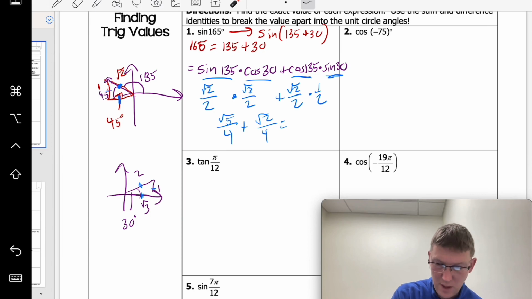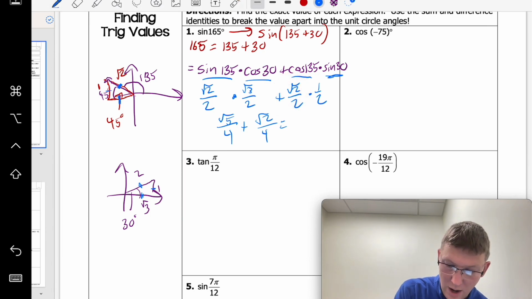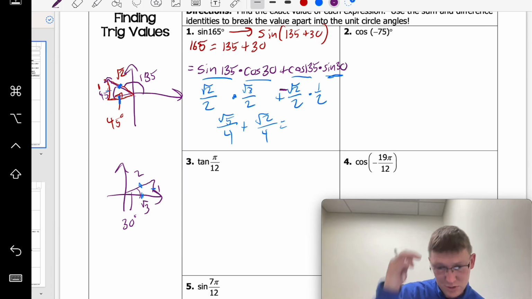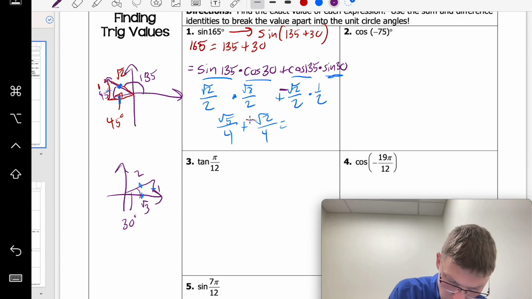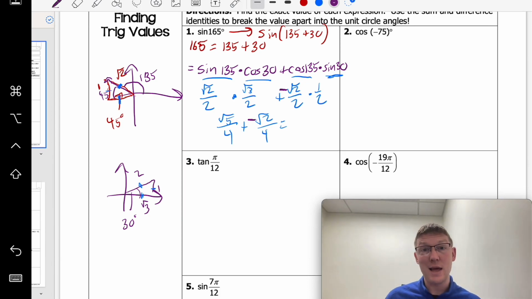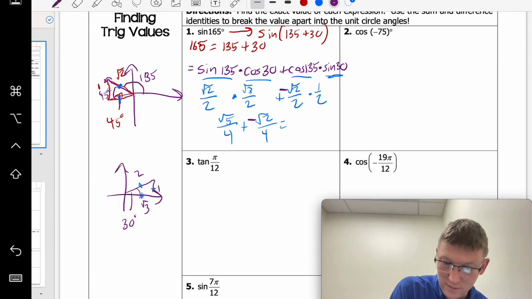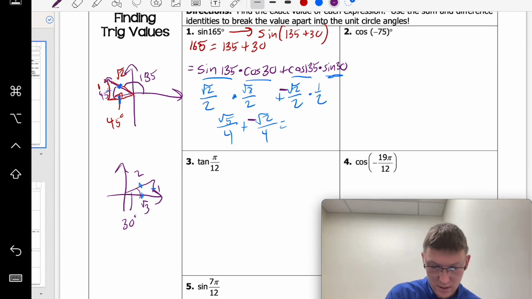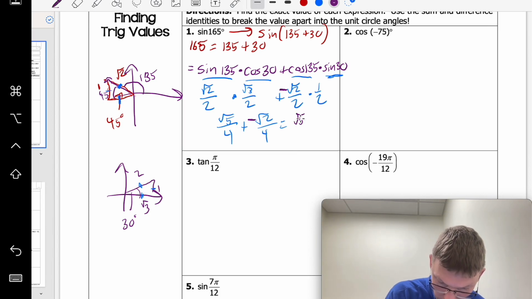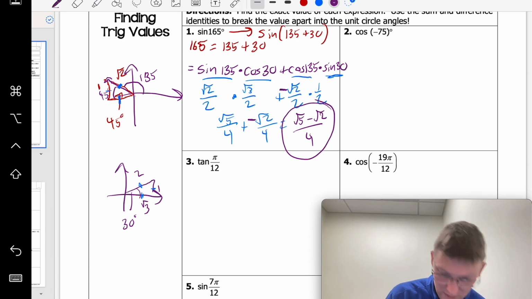So I should have made this one right here negative. So I didn't do that. That was a mistake. So I'm going to keep that a different color just to remind everybody to not forget about those negative signs like I did. Okay, so now we'll get the right answer. So we'll have square root of 5 minus square root of 2 over 4, and this is the answer we're looking for.